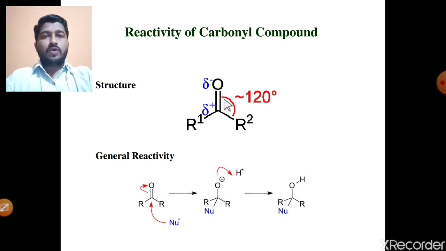It shows a strong inductive effect due to the difference of electronegativity. Oxygen is more electronegative and carbon is less electronegative than oxygen. Due to this difference of electronegativity, there is a partial polarization. Oxygen, being more electronegative, gains a partial negative charge, and this carbon gains a partial positive charge. So the hybridization of this carbon is sp2 and the bond angle is 120 degrees.